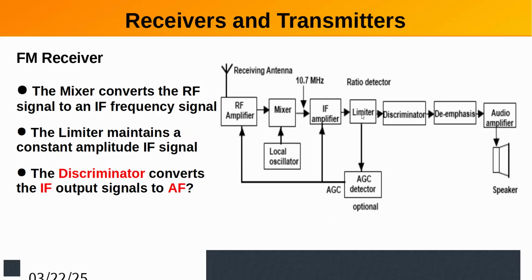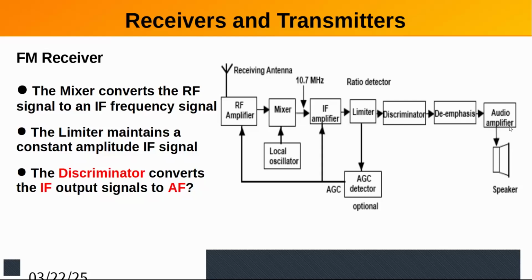It limits the amplitude of the signal at that point, so it's a constant amplitude fed into the discriminator. I can't tell you why, but discriminator circuits don't work well if you have varying frequency and varying amplitude. Because I think part of the way it works, it assumes you've got a constant amplitude as some sort of reference. And then you do your de-emphasis to compensate for the pre-emphasis that you did when you generated it.